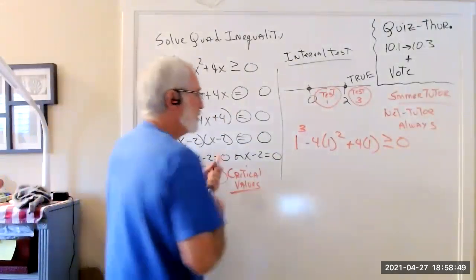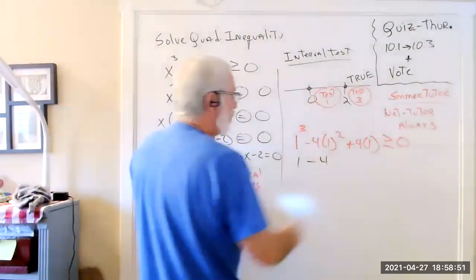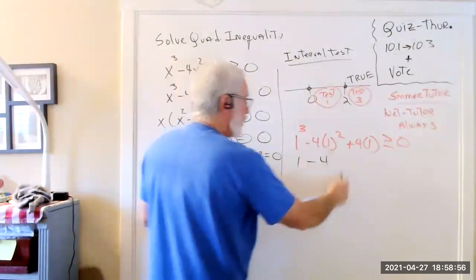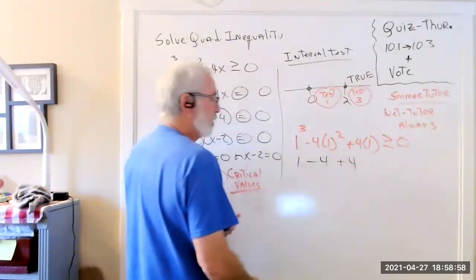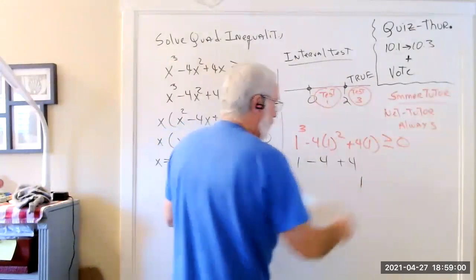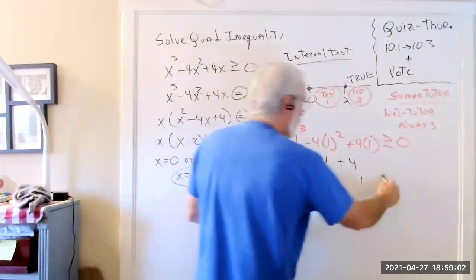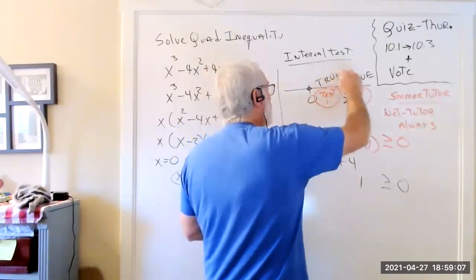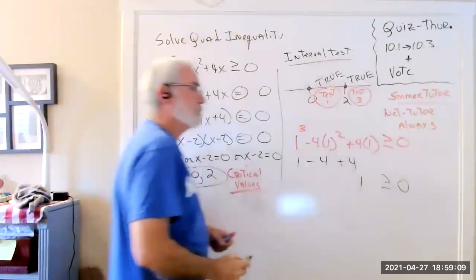So this is 1 minus 4, because 1 squared is 1 times 4 is minus 4, plus 4. 1 minus 4 plus 4 is 1. Is 1 greater than 0? True. Holy crud. It's a true.